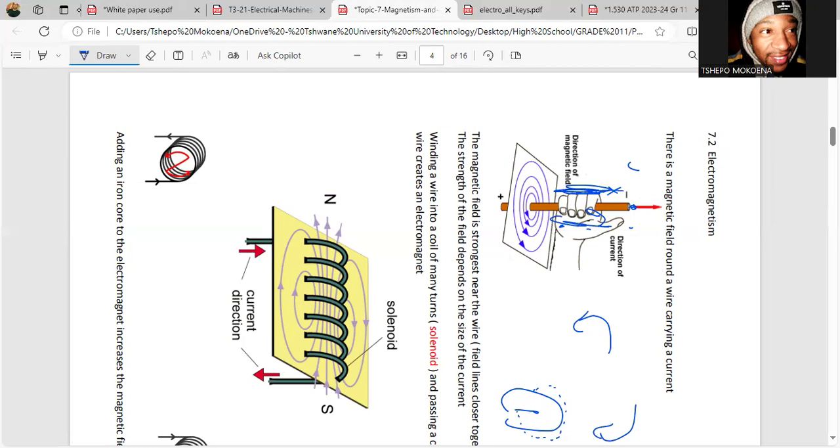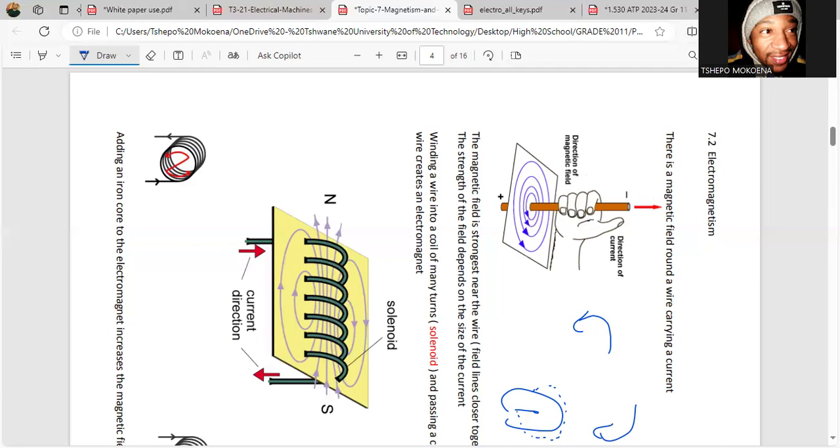Take your pen, hold it with your left hand, put your fingers at the bottom of the pen and curl your fingers so that they come out at the top of the pen. So the direction of the magnetic field at the bottom of the pen, which is this side, is going into the page.